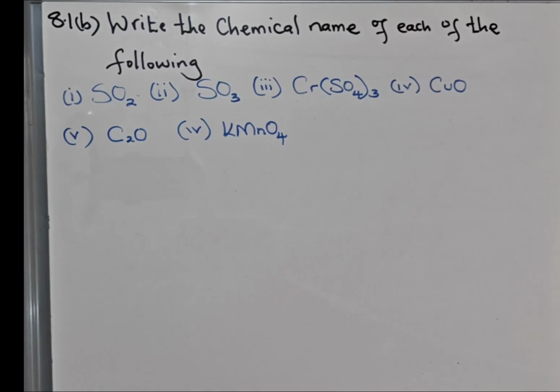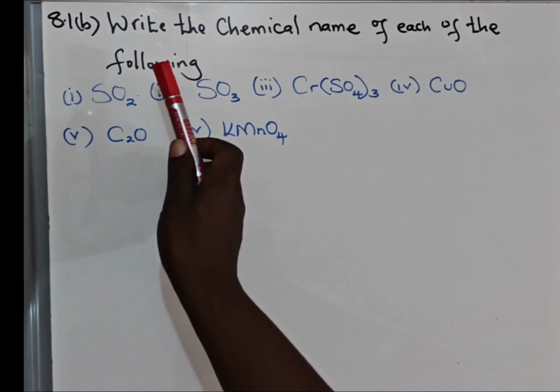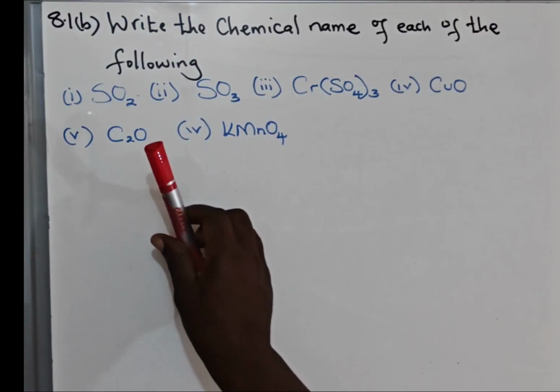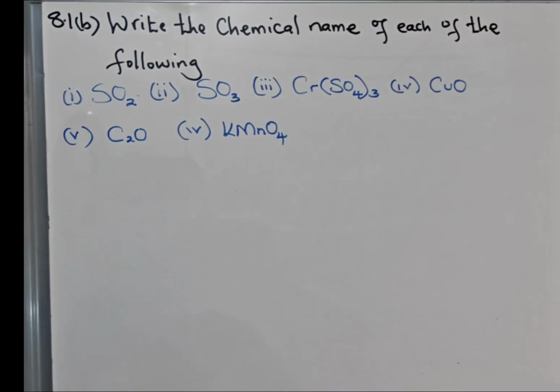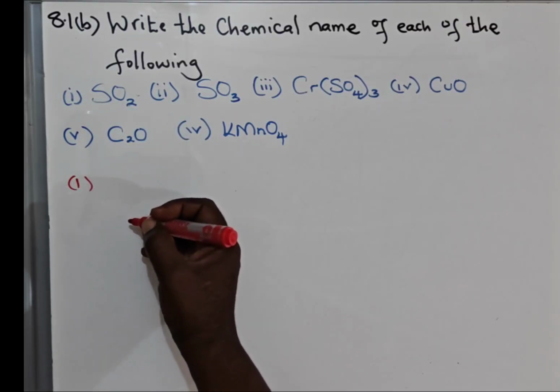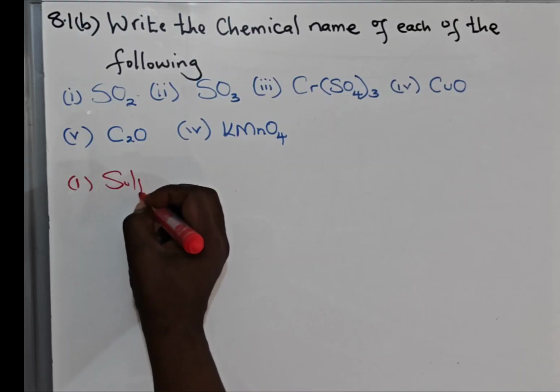Then we come to this question. It says, write the chemical name of each of the following. These are the compounds we have here. Let us start with the first one, SO2. What's the chemical name of that? That is sulfur dioxide.